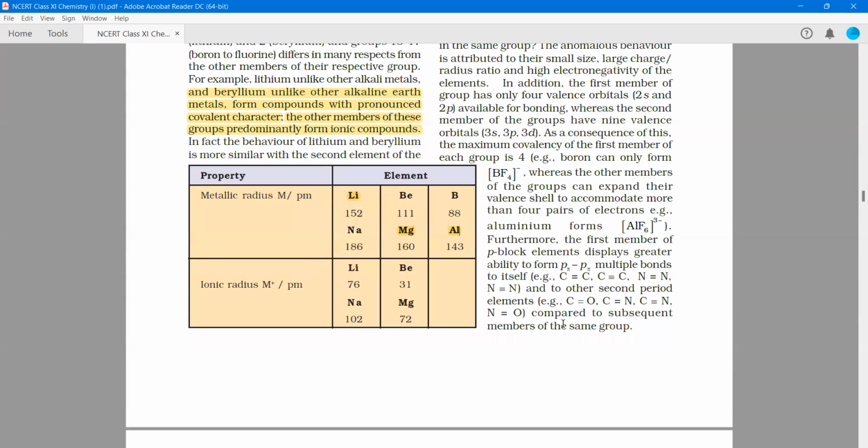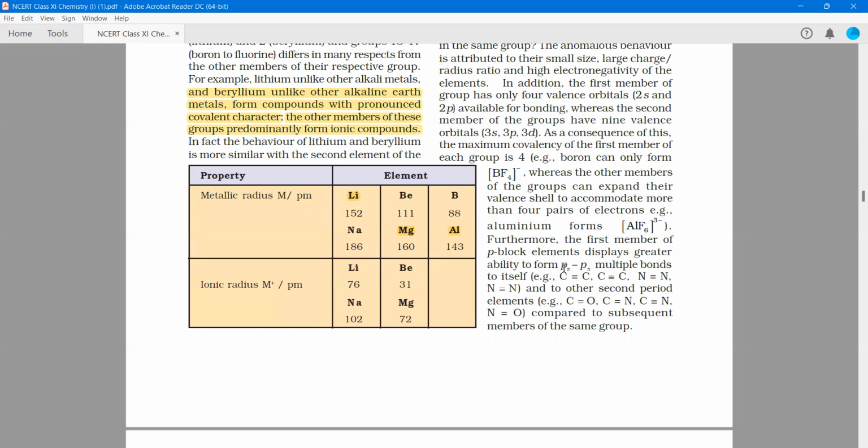Okay, and also for the P block, generally the first elements of the P block tend to make bonds with themselves only. Like one carbon will like to make a bond with another carbon, not elsewhere. That is because the orbitals of the first elements of the P block are very, very small. And for the subsequent elements down the group, the size increases, and the size of the orbitals also increases.